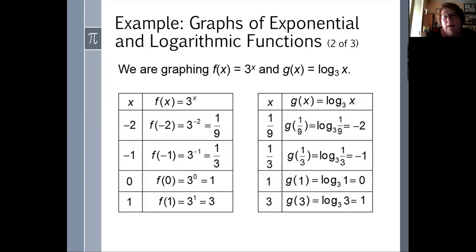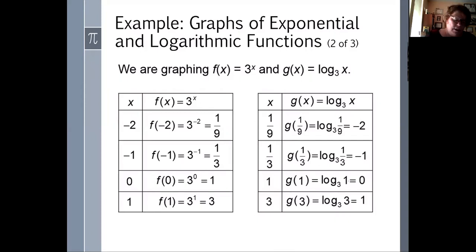Because what do I raise 3 to get 1/3? Well, it would have to be to the -1 power. And if I evaluate the logarithmic function at 1, the log any base of the number 1 is 0. And if I evaluate the logarithmic function at 3, the log base 3 of 3 is 1.